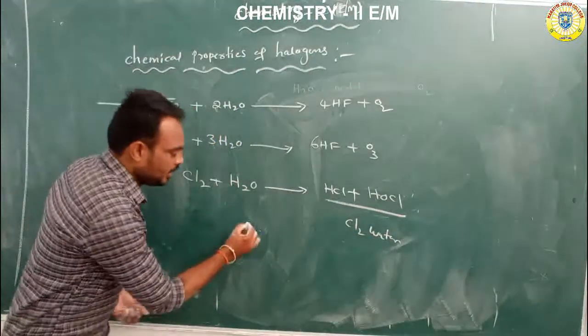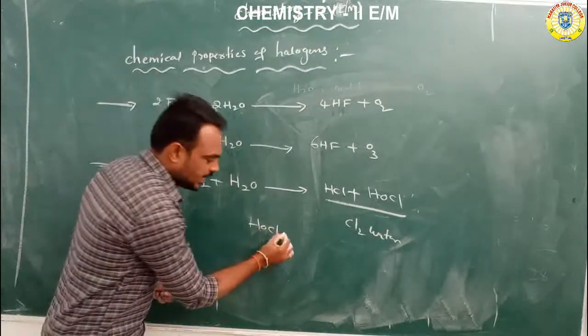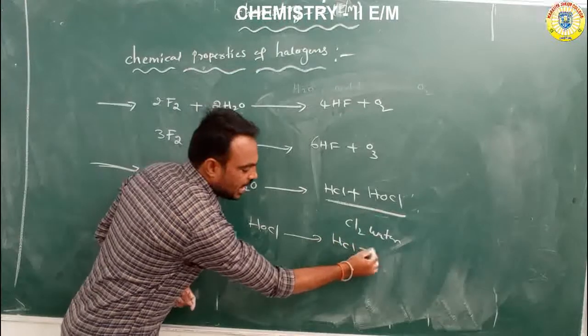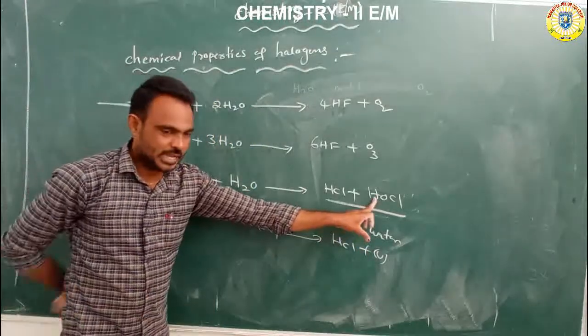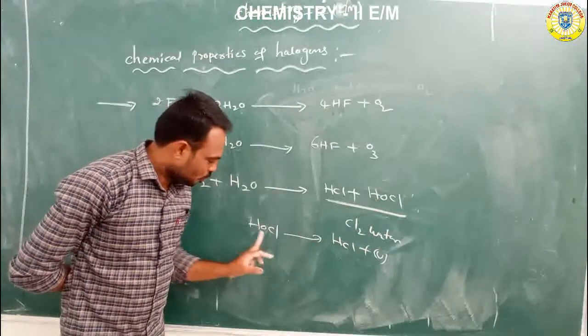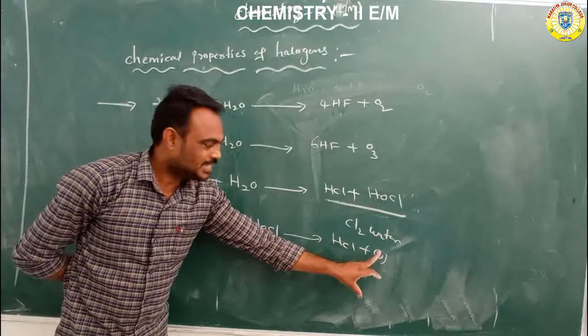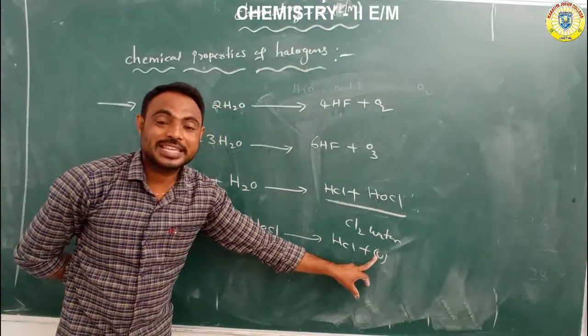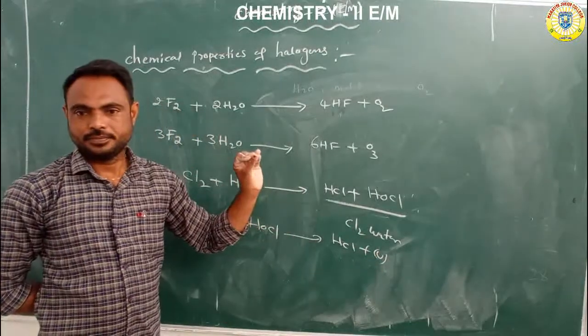Commonly, HOCl, this hypochlorous acid, is converted to HCl and oxygen. This oxygen is called nascent oxygen.